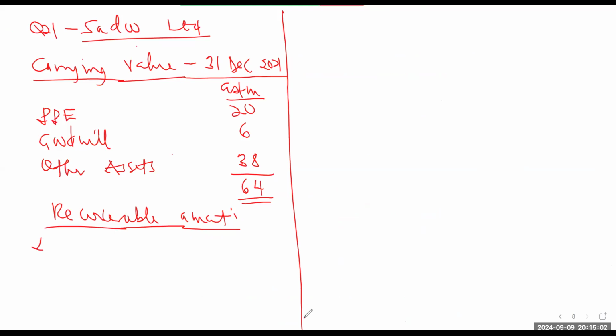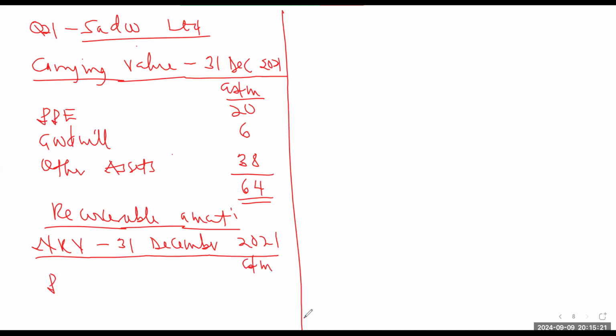So let's come to the net realizable value at 31 December. Whenever they give you information about fair value and the cost to sell, they are giving information to calculate the net realizable value. So we have PPE. What is the fair value for the PPE? 20 million.